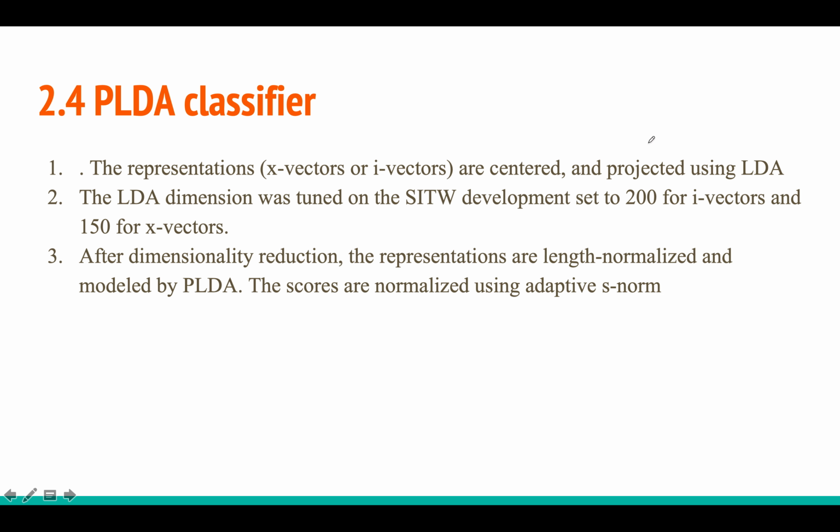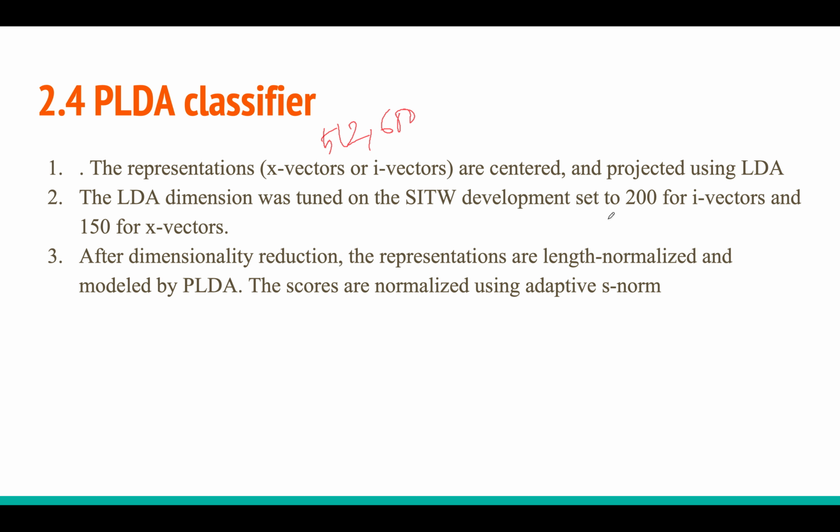And the PLDA classifier is nothing different. You have X vector and i-vector systems. I-vectors are very high dimension, 512 or 600 dimension vectors. You just project them using LDA to lower dimensions, and that's what they are saying here. The dimension they project to, they tune with some development data, right?